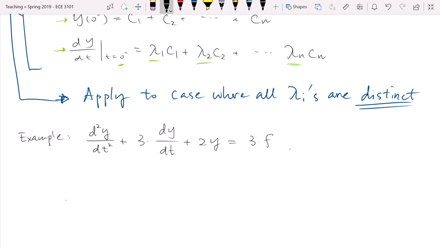And let's say I have initial condition y at 0 equal to 1, and dy/dt at t equal to 0 minus, this is right before the input is applied, equal to 2. And let's say I want to know what is the zero input response.